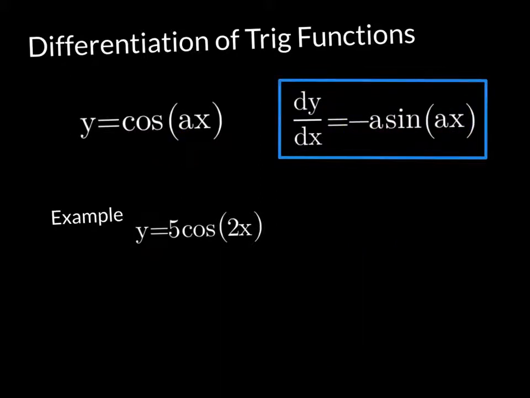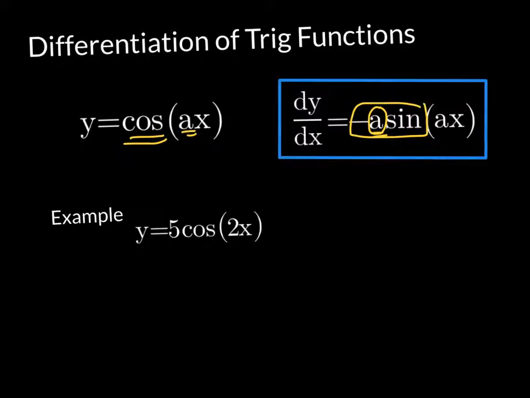So what if we have a cosine function and we want to differentiate it? Well, if we have, say, y equal to cos of ax, then dy by dx is actually equal to minus a sine ax. So essentially what happens is that, again, this multiplier a comes out the front as a multiplier, and the cos function changes to a negative sine function.